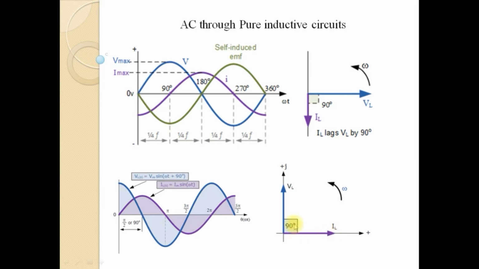In that case, the voltage across the inductor will be leading with respect to the current through the inductor by an angle of 90 degrees. The waveform corresponding to this is drawn here.